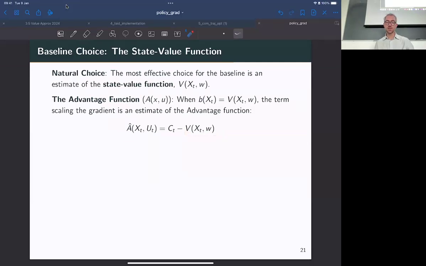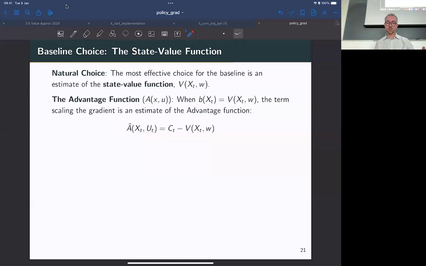So now this advantage is much better because this is really going to be positive if this action here, U, is worse than what the policy does on average, and it's going to be negative. Remember that negative for us is good because we are minimizing. Negative if the action is better than what the policy does on average.